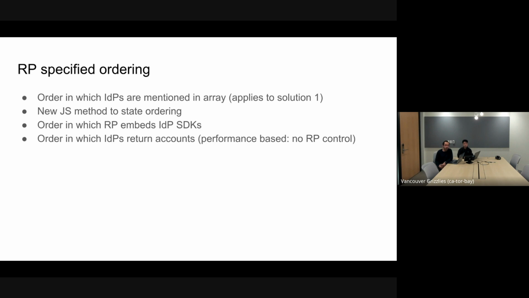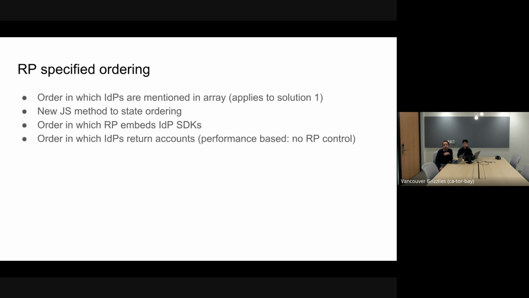One option is to have a new JavaScript method to state the ordering of the IDPs. Another option is to use the ordering in which the RP embeds the IDPs as the heuristic, although, of course, that may fail in cases where the RP actually just invokes get directly, then it's unclear what we would do.